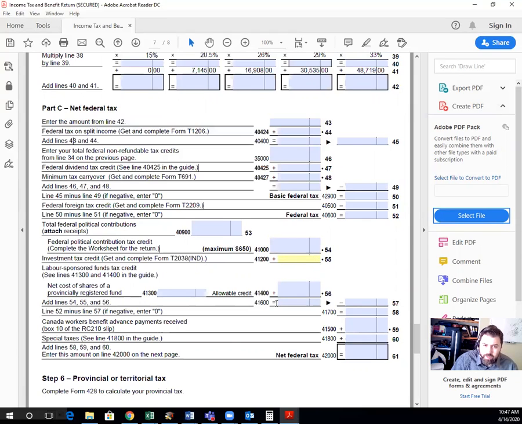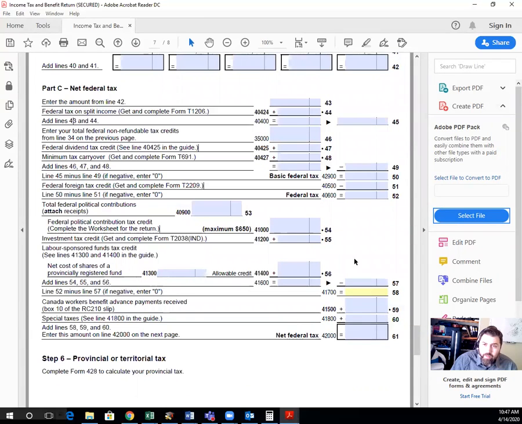So we have an investment tax credit, labor sponsored funds tax credit, not in the scope of this course. Add those up, and then we can subtract those amounts as well. So line 52 minus line 57 is going to equal just the amount here, and then some other further additional amounts, which would get us to our net federal tax.